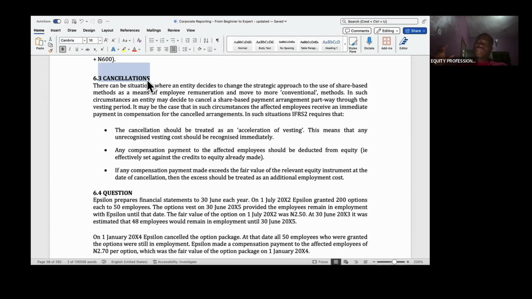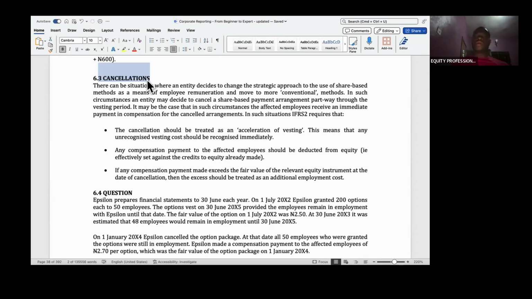So that means we are going to recognize all the amounts at the date of cancellation. Any cost related to that share-based payment transaction will be recognized immediately. Now, when we get that amount, then we can know how much we want to compensate those employees, and he has to compensate them.